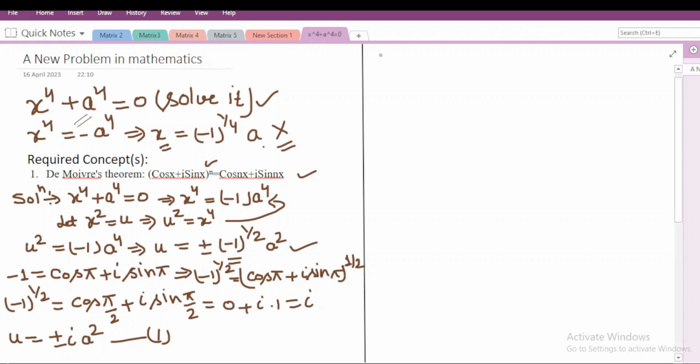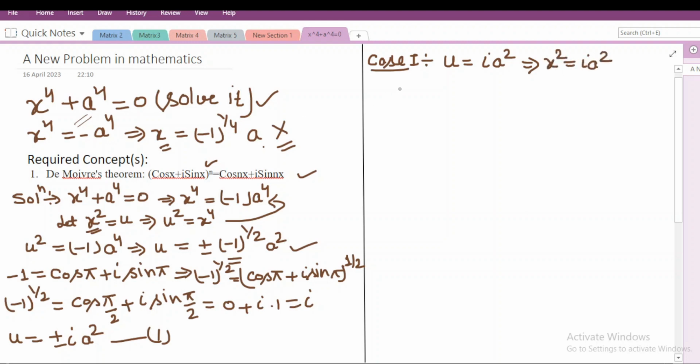Here we will have case first. What does case first say? Case first says u is equal to plus i a square, which means if we replace u by x square, we will have x square equals i a square.